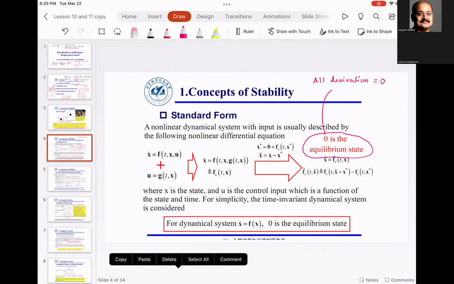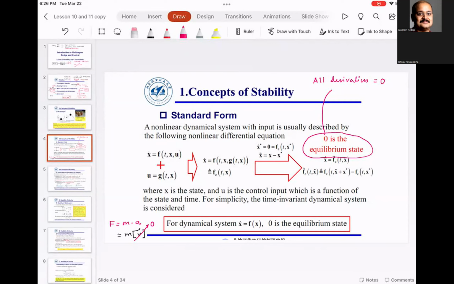Now let me give you a very simple example. The example is force is equal to mass times acceleration. This is the equation that is used in dynamics. Acceleration is the derivative of velocity, so m v dot. If my v dot is equal to 0, that means I am in the state of equilibrium.